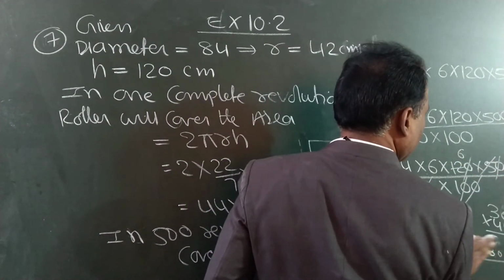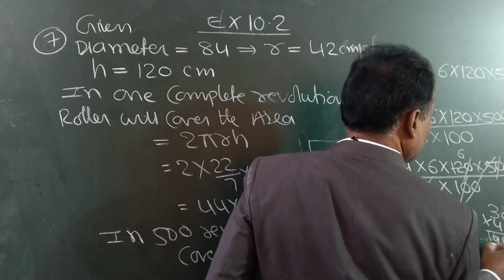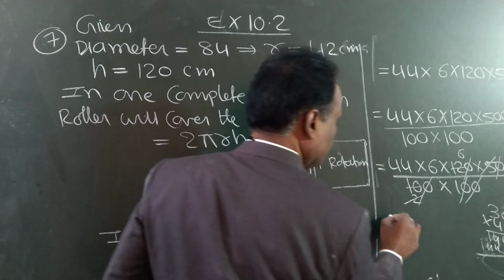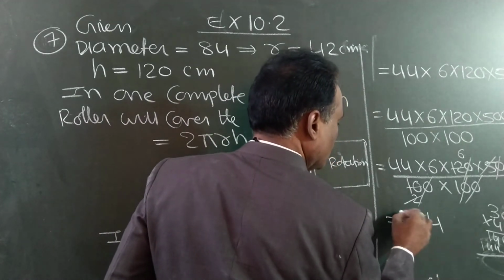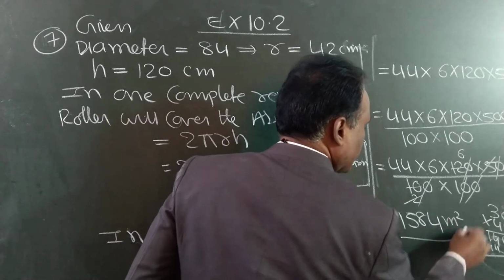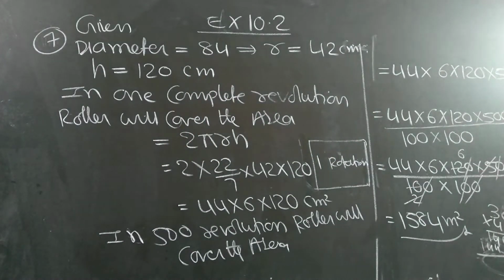Do the multiplication. You do the simplification afterwards, meter square. You multiply it and the answer is 1584 meter square. Very simple.